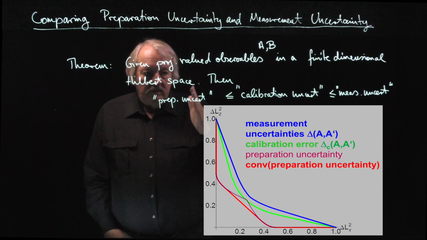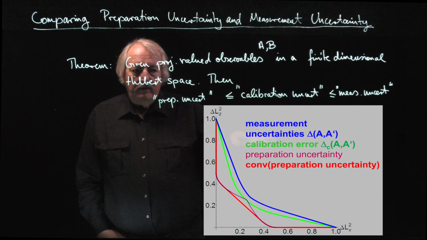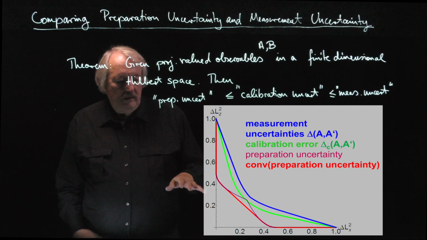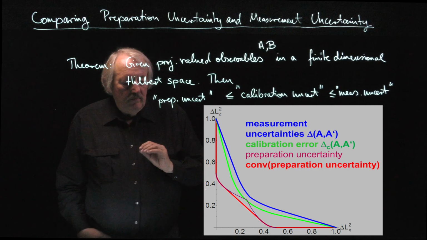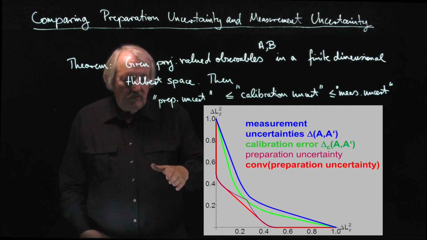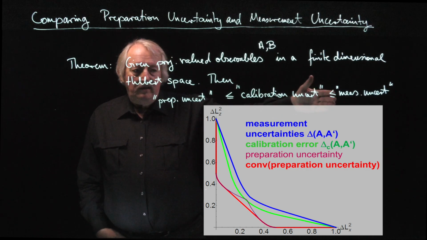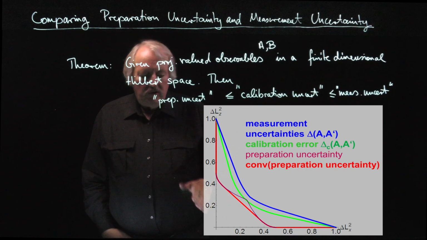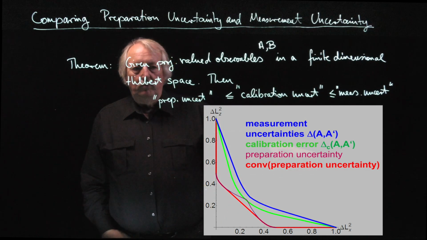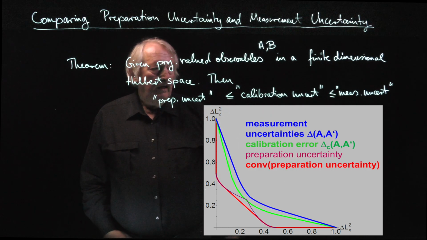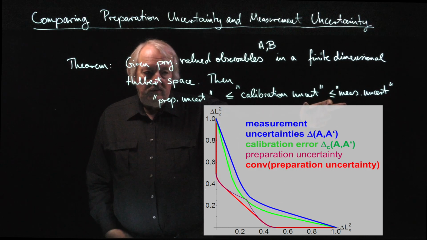Then we have the calibration uncertainty region and the measurement uncertainty region in blue. As you can see here, first of all, the claim that I made is clear: the red curve is below the green curve is below the blue curve. Actually, these don't have to be the same.